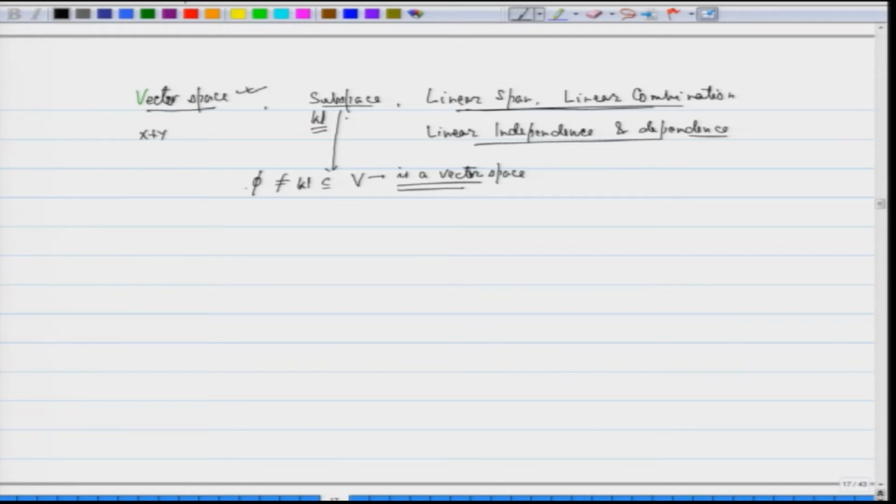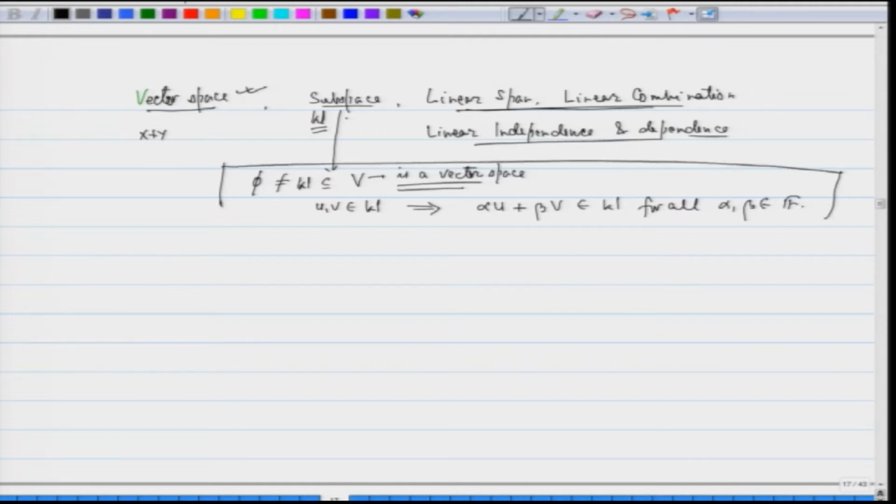Also, W has to be non-empty, and what we need to do is take any u and v belonging to W. We should be able to show from here that alpha u plus beta v belongs to W for all alpha, beta belonging to F, all right. So, to show that something is a subspace, I just have to point out that this is a subset of something and it is non-empty, and then do only one thing, which is show that the linear combination is in the set, nothing more than that. Is that okay? So, that way it saves a lot of time.